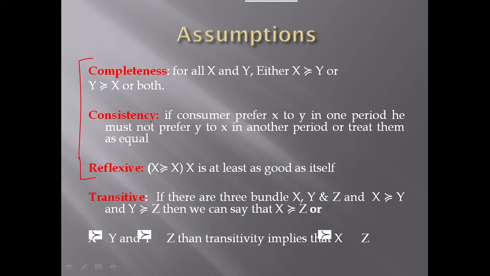There is nothing empty in the preferences map. An individual can't say that he or she doesn't know about that consumption bundle. All the consumption bundles have a certain level of satisfaction or utility.